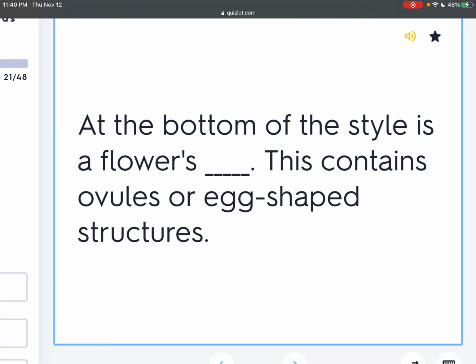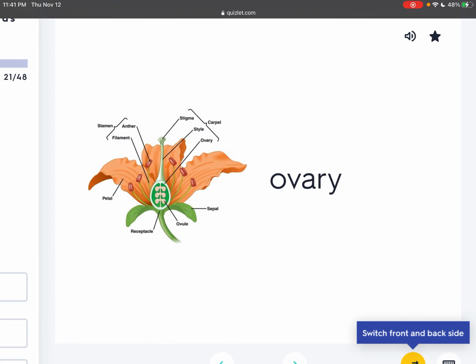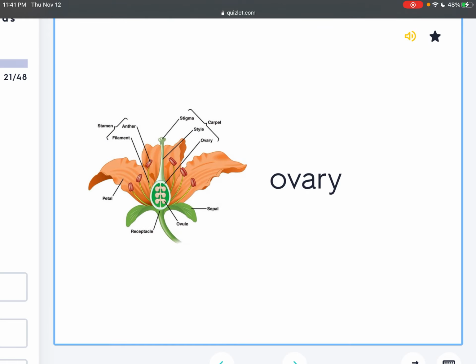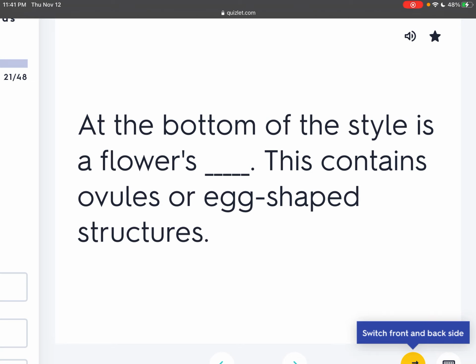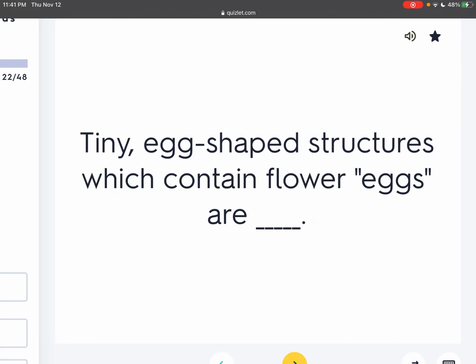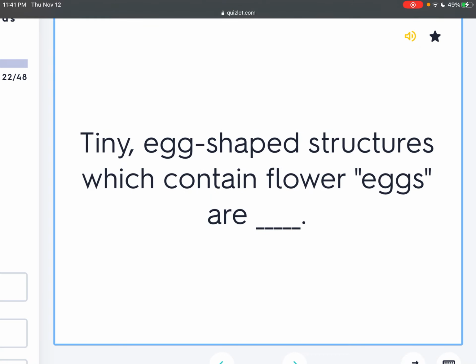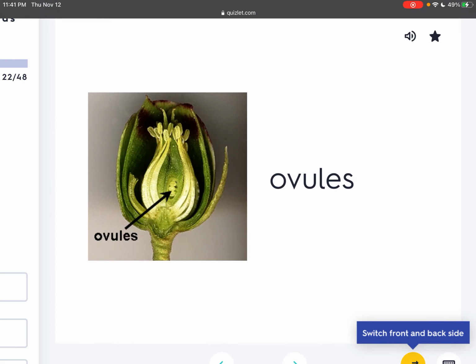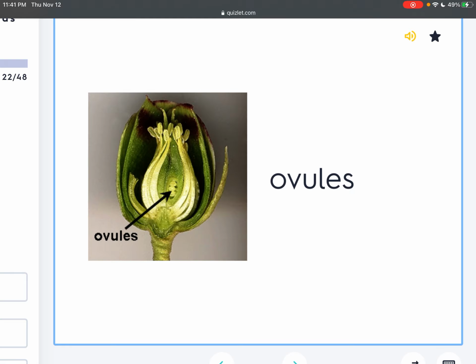At the bottom of the style is a flower's blank. This contains ovules or egg-shaped structures. Ovary. Tiny egg-shaped structures which contain flower eggs or blank. Ovules.